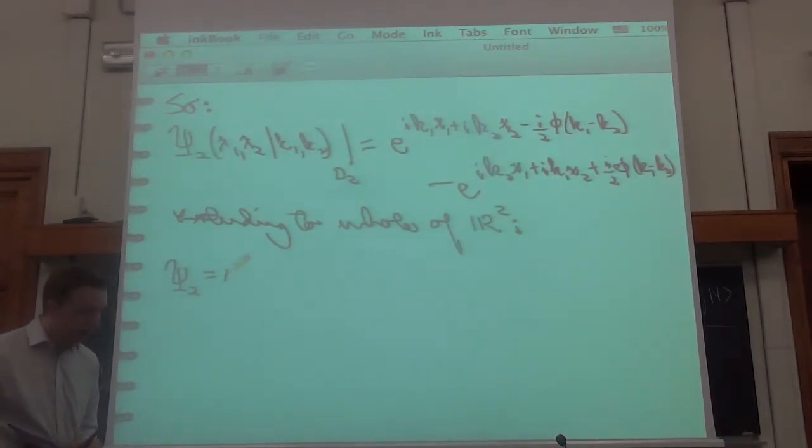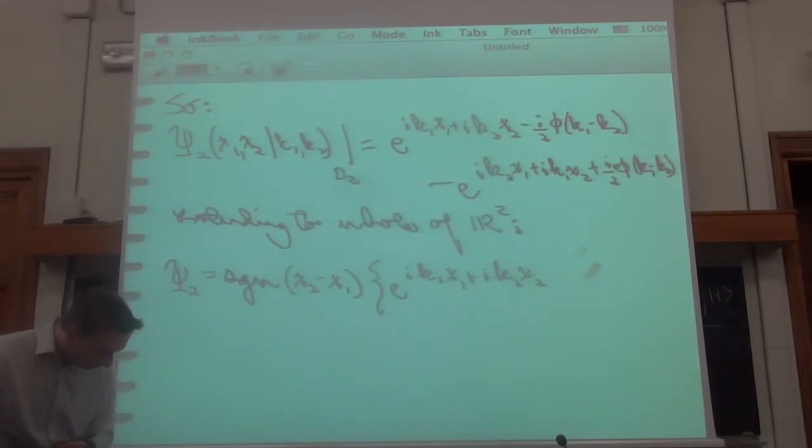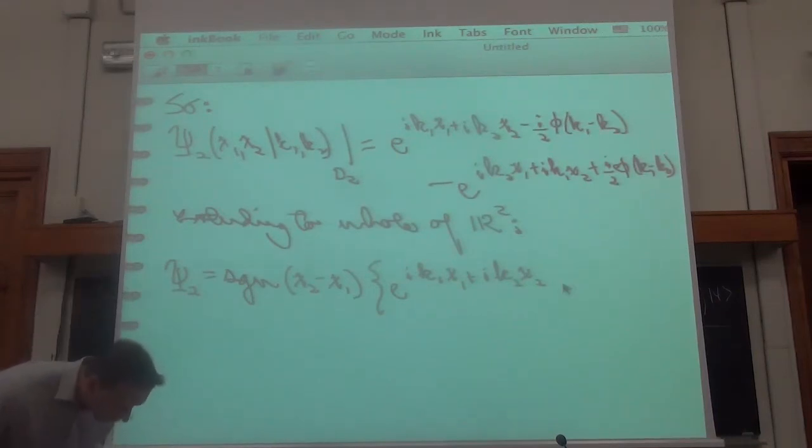So we just have a sine of x2 minus x1. Okay, and then we'll just write it in this way: e to the i k1 x1 plus i k2 x2. And then, I'll write it like this.